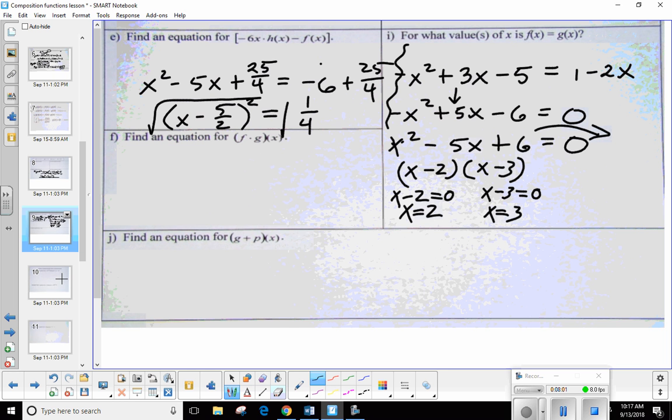Square root. So x minus 5 halves would equal plus or minus 1 half. So x is equal to 5 halves plus or minus 1 half. And you can see we're going to end up getting the same response. The 5 plus 1 over 2 gives me the 3. 5 minus 1 over 2 gave me the 2.